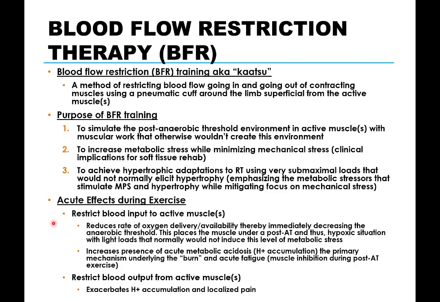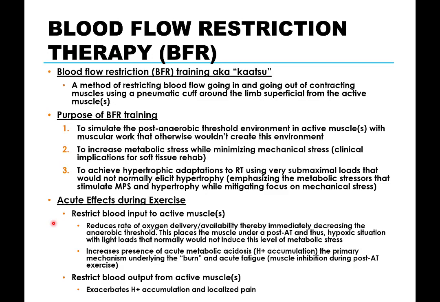What this does is reduce the rate of oxygen delivery and thus availability to those active muscles while it is contracting during exercise. This would immediately reduce the anaerobic threshold of those muscles and place those muscles under a hypoxic stress with even minimal activity.